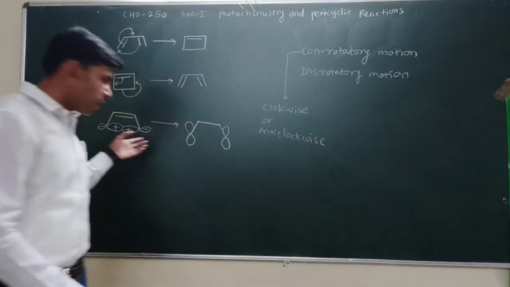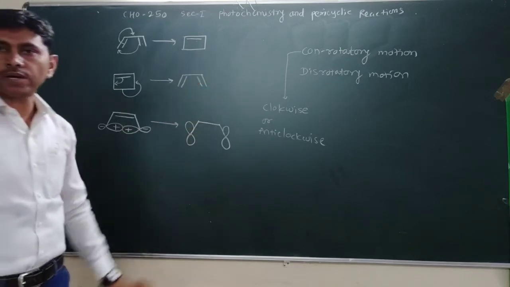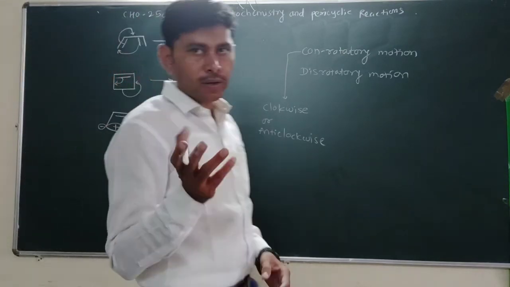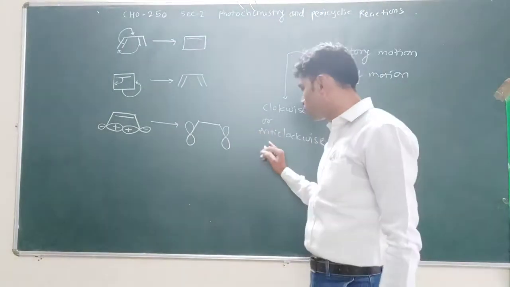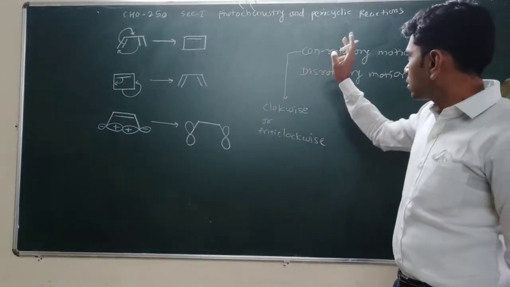If the orbitals rotate clockwise, it is called conrotatory motion. Also when both rotate anti-clockwise, or counter-clockwise, it is conrotatory motion.